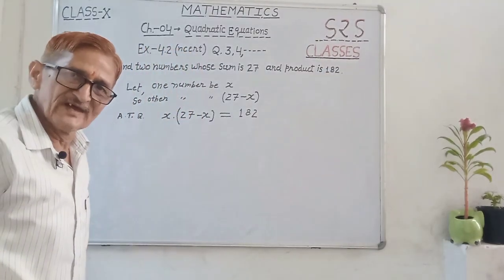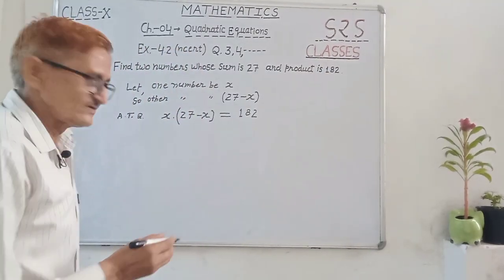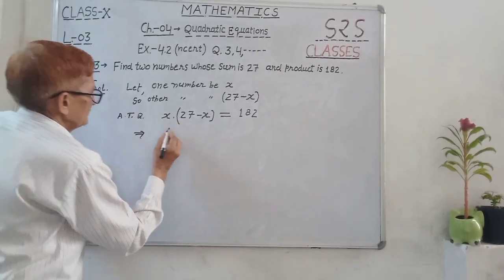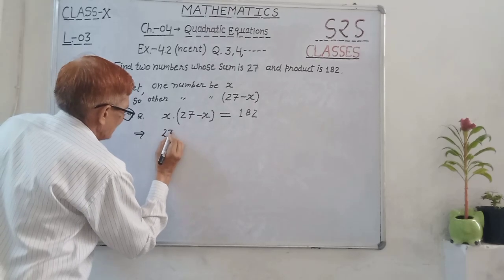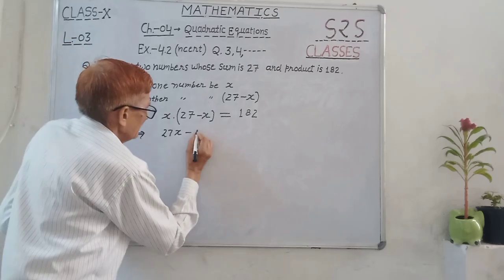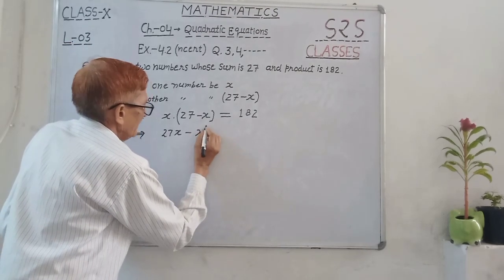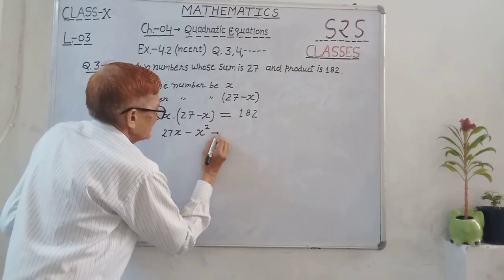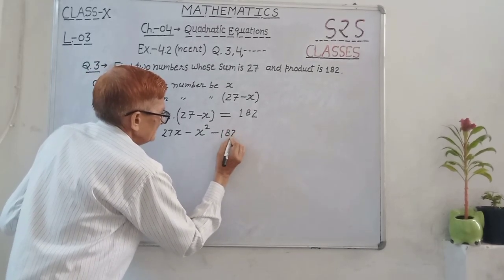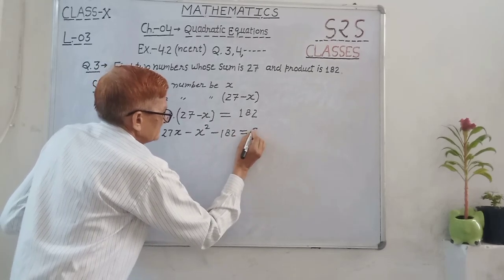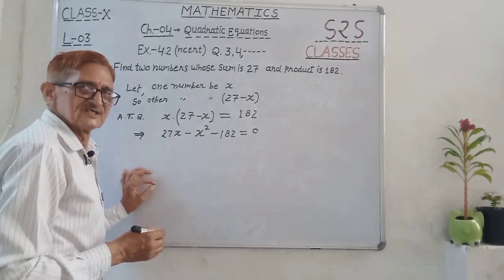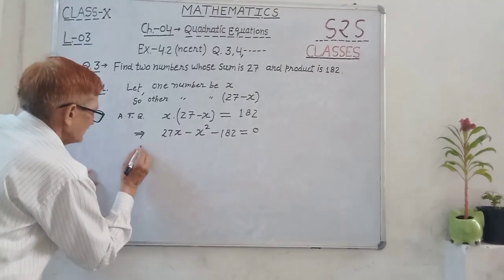Now we can simplify, we can solve it, and it will be a quadratic equation. Multiply and simplify: x into 27 is 27x, minus x multiplied with x is x square, and minus 182, this side equal to 0. The quadratic standard equation is ax square plus bx plus c is equal to 0.